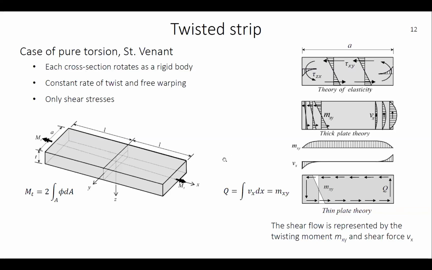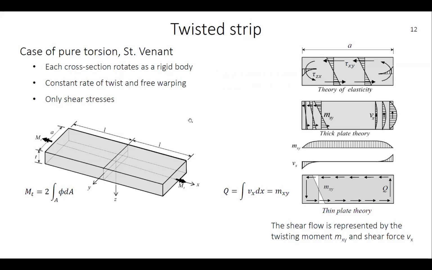So we would like to see the effect of the shear forces, shear stresses. So if we consider a plate with the length 2L here, so we have the origin in the center of the section, and we apply a twisting moment, a constant rate of twist in each end, mt here, and we have no other boundary conditions and free warping, so this is free to warp along the section. We will only have shear stresses in this case.